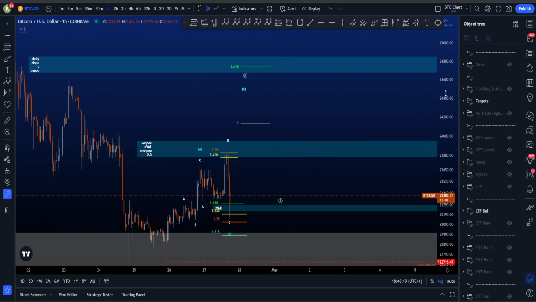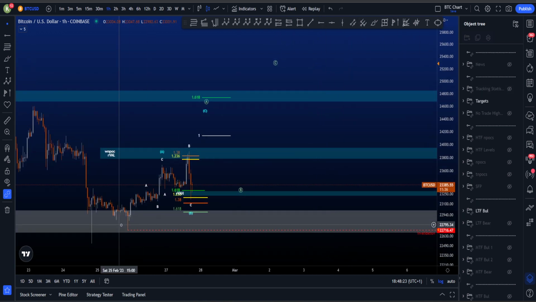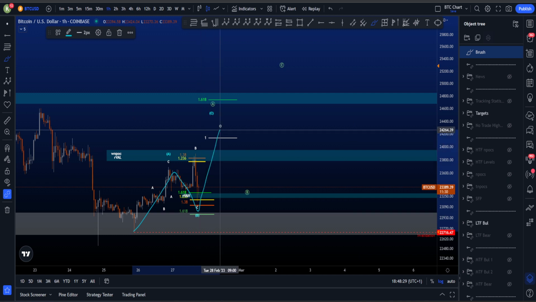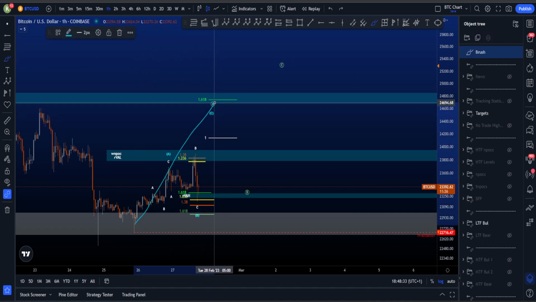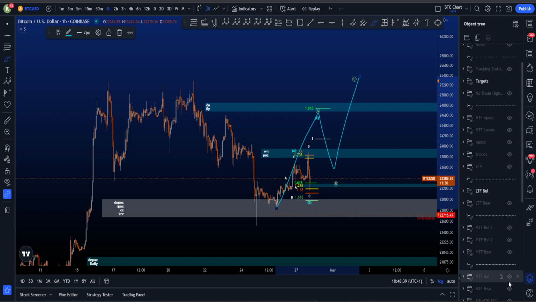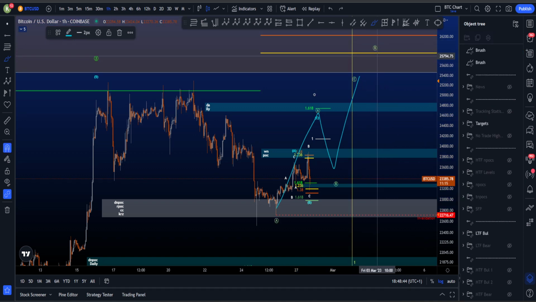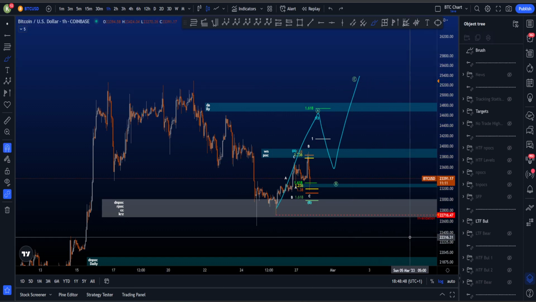So, and then finally in this bullish scenario, to make it even more bullish, if we have this A, B, C in blue, then this could be an A, green, followed by a B, and then followed by a C. And that C wave would then also complete the B wave of the higher time frame scenario.